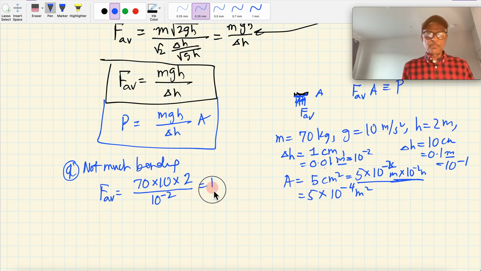So 14, 10 to the power 2, and 2 is 4 Newton, or 1.4 times 10 to the power 5 Newton.